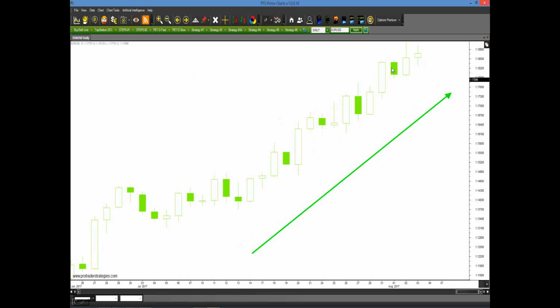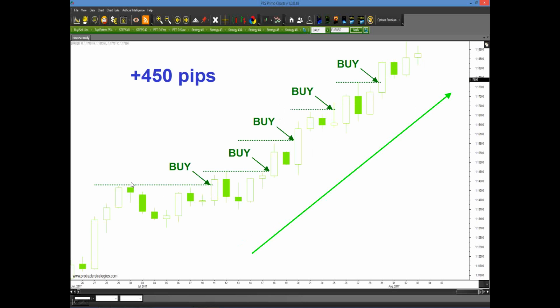They're always selling when they should be buying and buying when they should be selling. Well, with the PET D, you always know what you should be doing for the short term because the colors tell you what to do. So we would have applied the same approach right here, and that's 450 pips coming into August, nearly $5,000 per contract. Now that's to the upside.